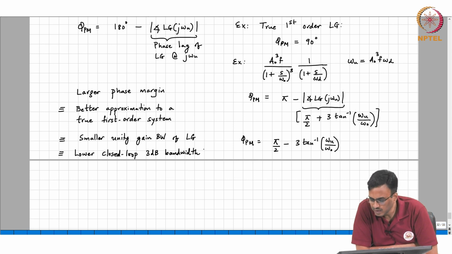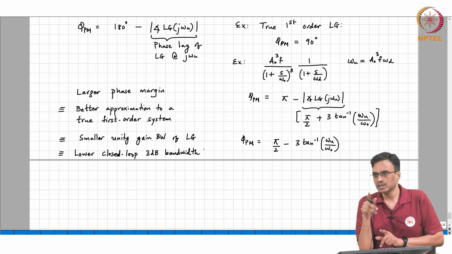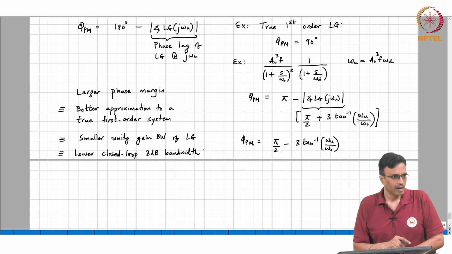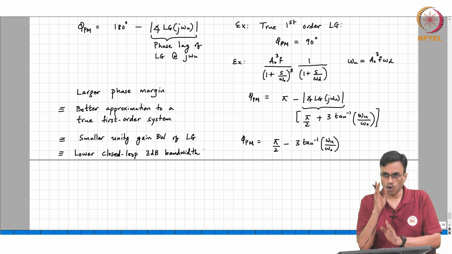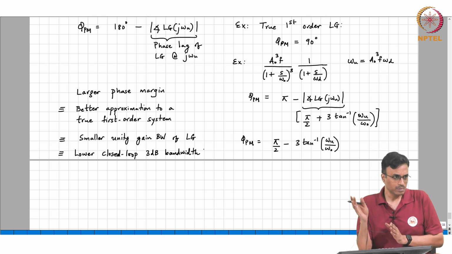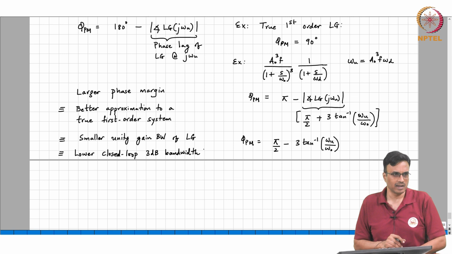For a true first order system, the phase margin is 90 degrees, and as the phase margin keeps reducing, the system's poles essentially come closer and closer to the j omega axis, and if the phase margin is 0, there are two poles on the j omega axis. So, as the phase margin becomes smaller and smaller, the poles are getting closer to the imaginary axis, and what comment can we make about the transient response if you have two poles which are very close to the imaginary axis?